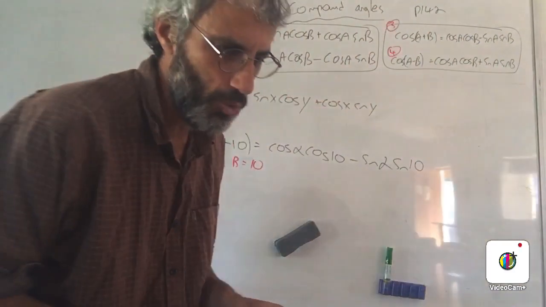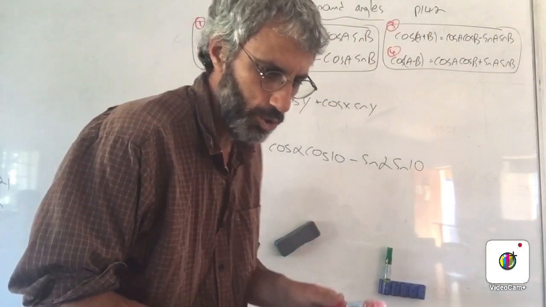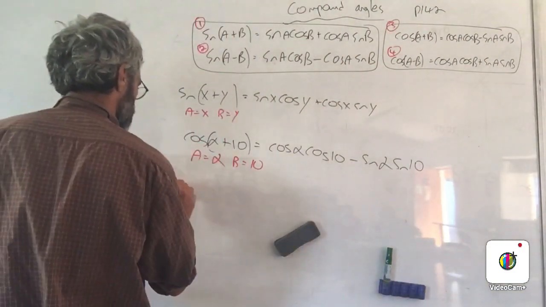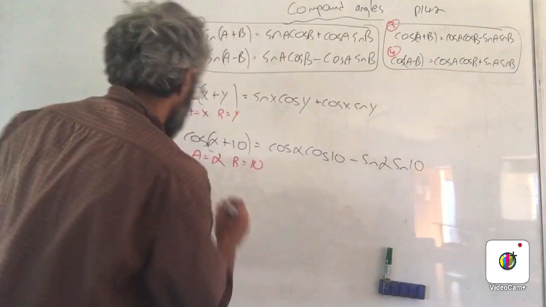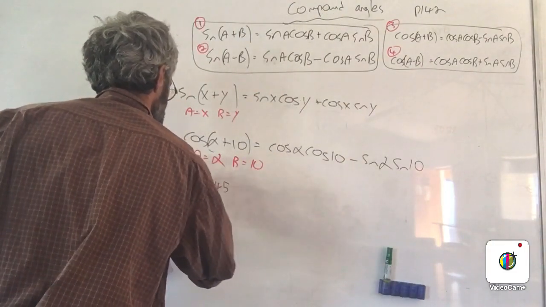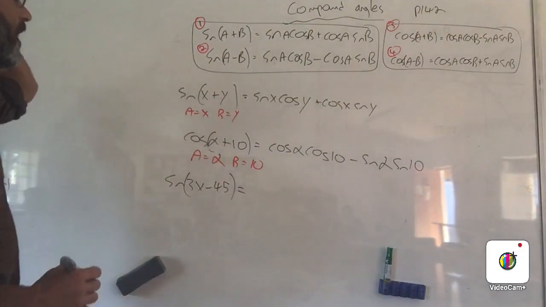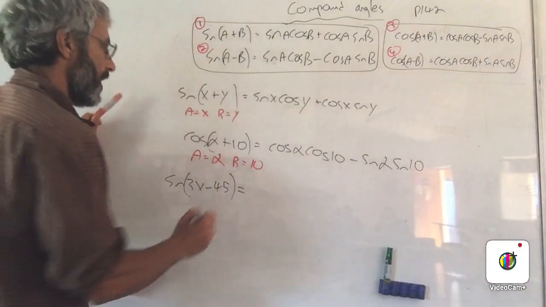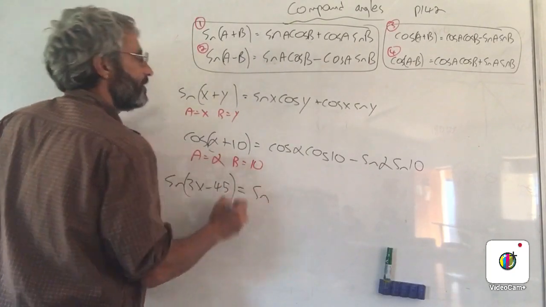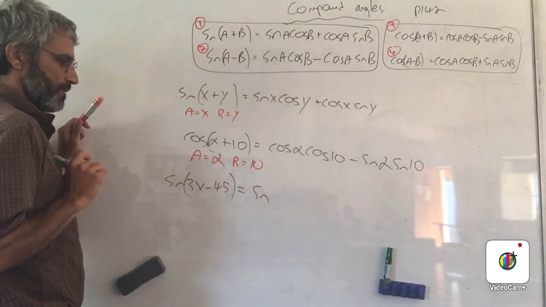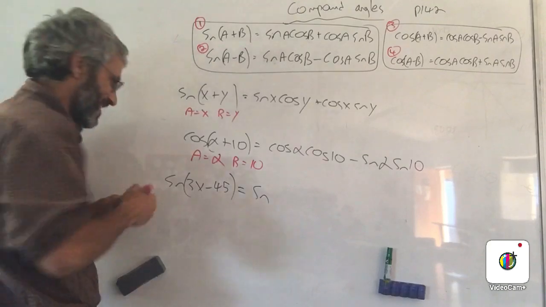That will be a good one to do. So I've got sine of 3x minus 45. Which formula are we going to use? 2. I'm not going to write what is A and what is B. Okay, I will write.